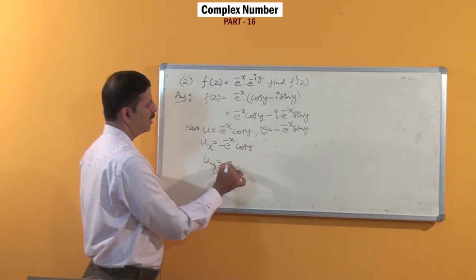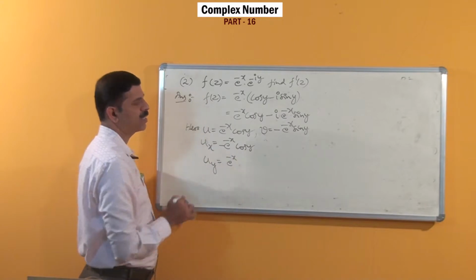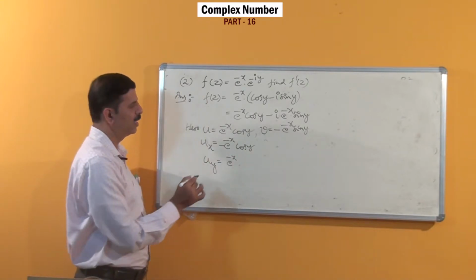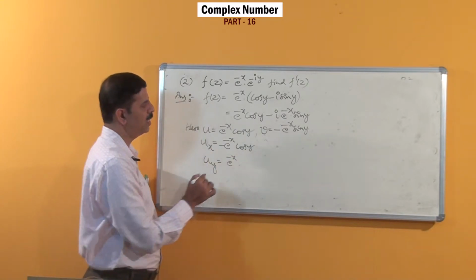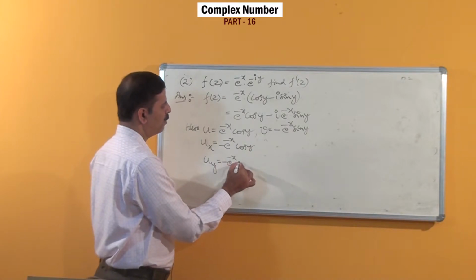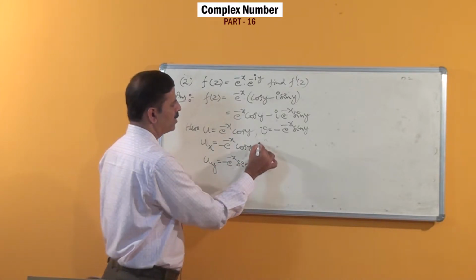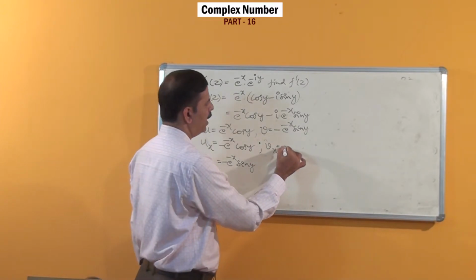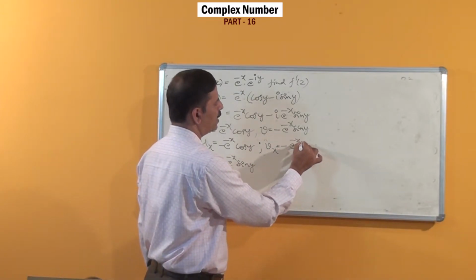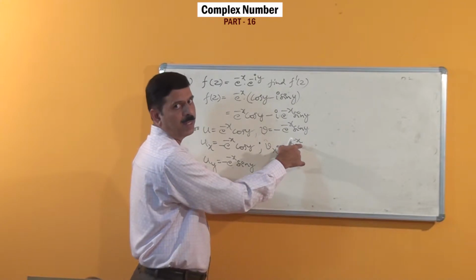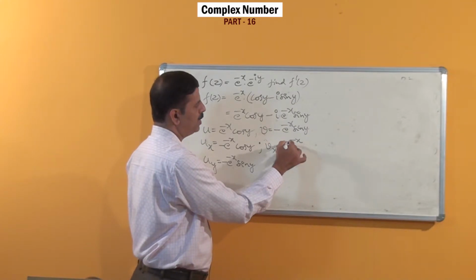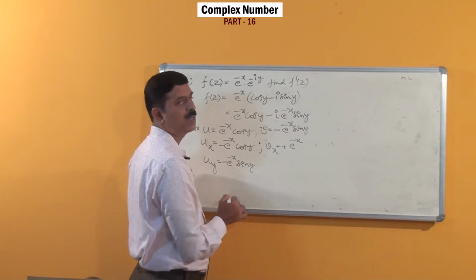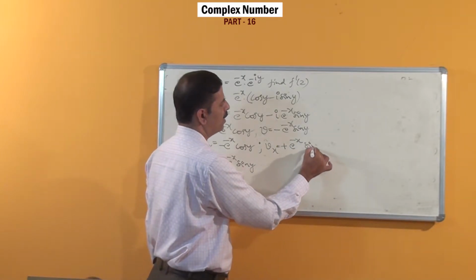In that case e power minus x remains constant, treating it as a constant. The derivative of cos y is minus sin y. Similarly, what is vx? vx is minus e power minus x, the derivative of minus x is minus 1, so this term becomes plus, it becomes e power minus x sin y.